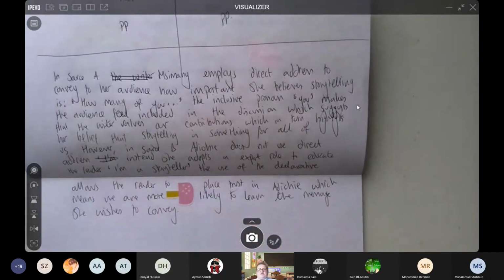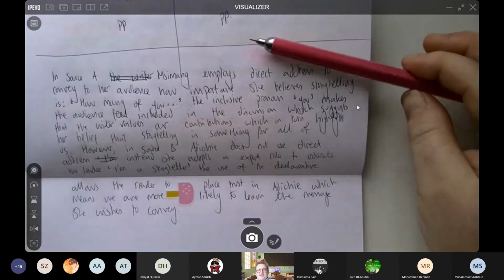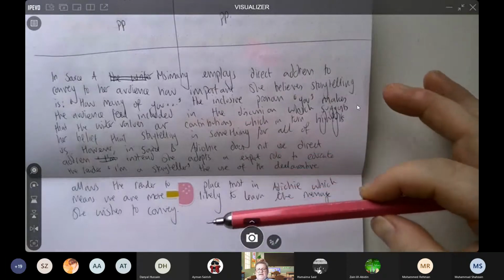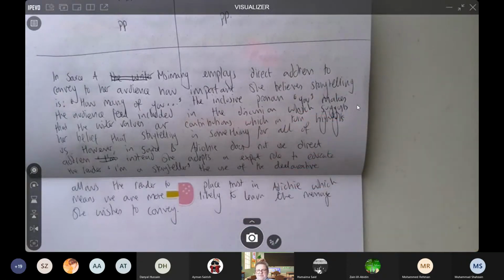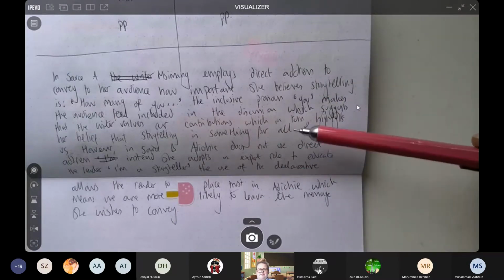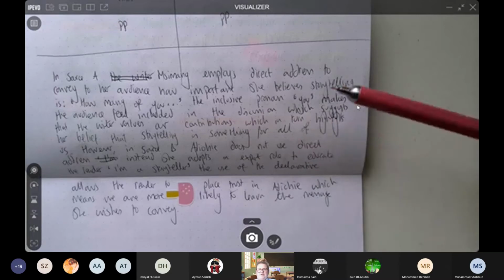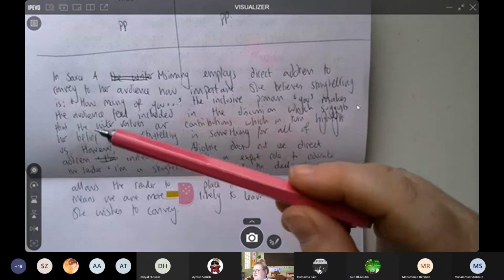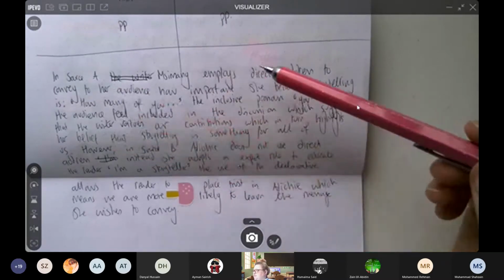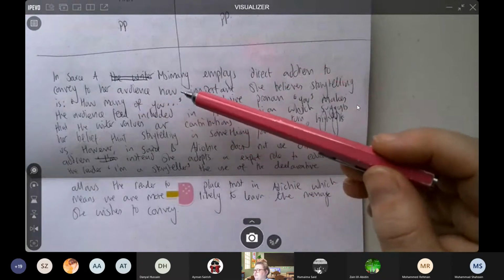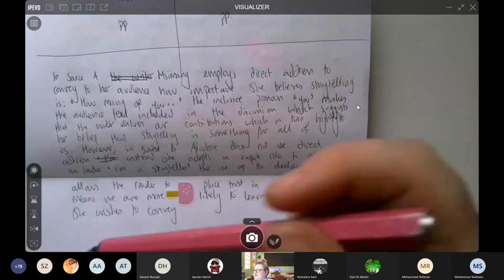So hopefully you can see here that in this comparison, what we're being led by is the method that's being used by each writer. And by focusing on that method, the comparisons that we're making are talking about how trust is built up. So in source A, the writer employs direct address to convey to her audience how important she believes storytelling is.